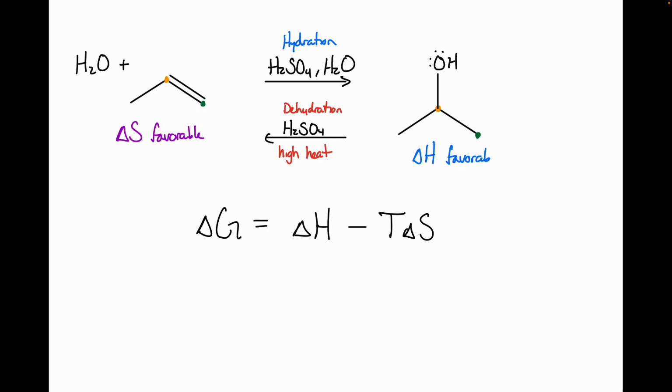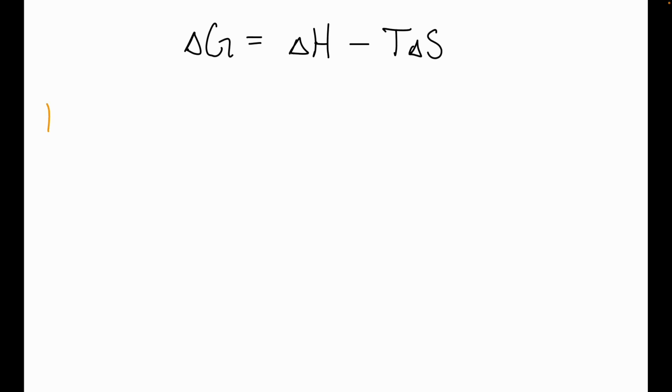And since that entropy term scales with temperature, the larger the temperature, the more that delta S is important, right? So that's why at high heat, I have that reaction going in this direction, whereas at low temperatures, it's going to go towards my more favorable bonding product, the alcohols, all right? So we can get our reaction to go in this direction if we use that high heat. So let's see if we can do our mechanism for the reverse direction.